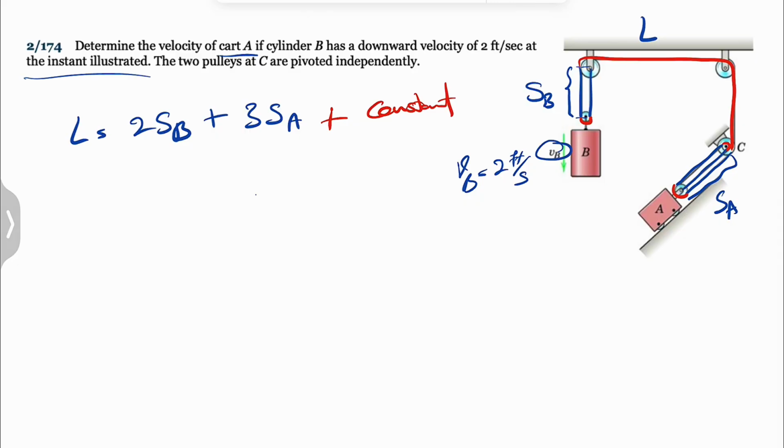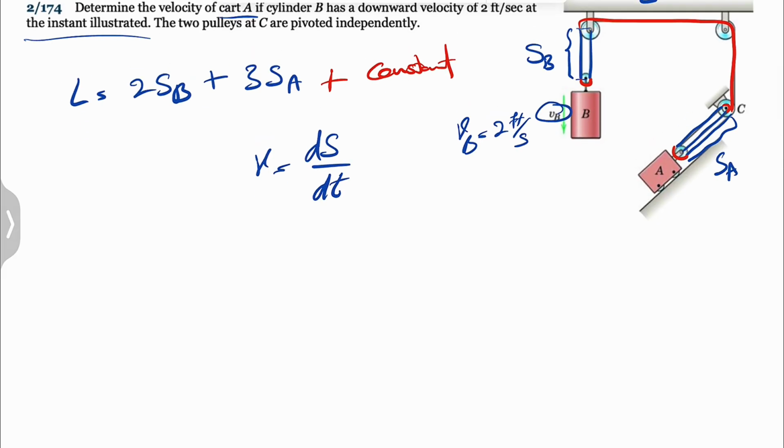The question is asking for velocity. We know velocity is the derivative of the distance, which we called s here, over time. So we're going to differentiate both sides of this equation. L is constant, and the derivative of a constant over time is 0.